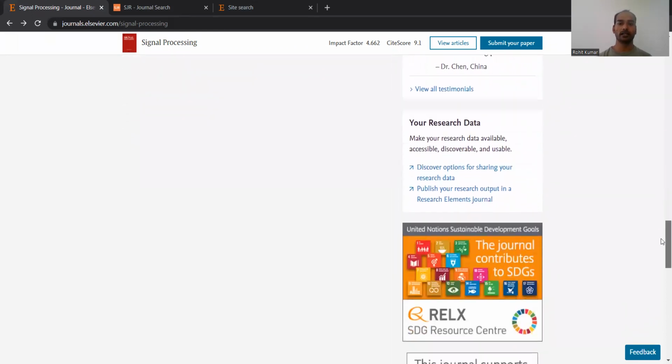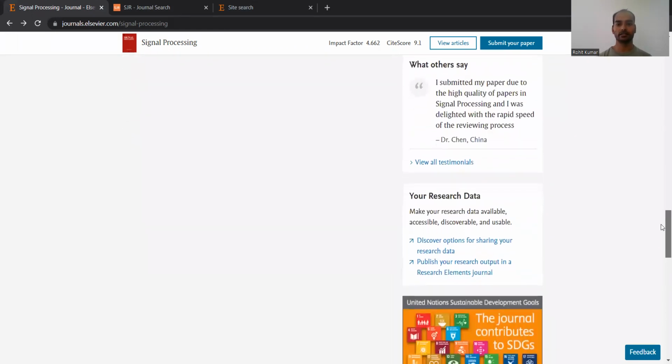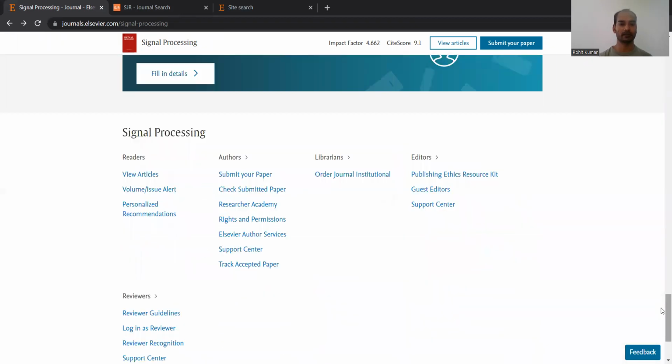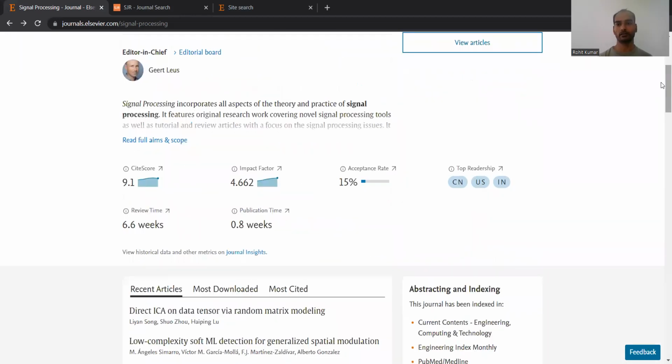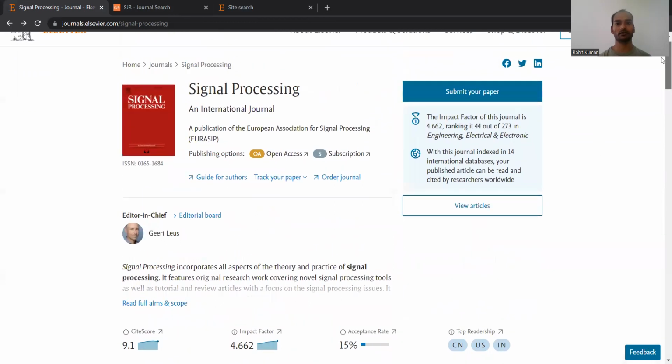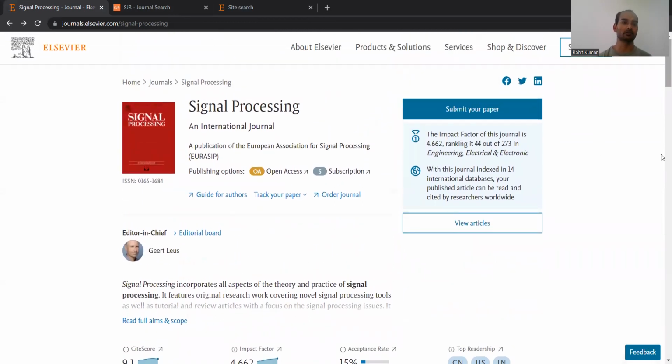And there are other research data related links, and links for readers, authors, librarians, and editors are also presented. If you want to be a reviewer, then again, I think you can request for being a reviewer, etc. So in this way, you can discuss different things with your friends, as well as decide whether you want to go for a particular journal or not.